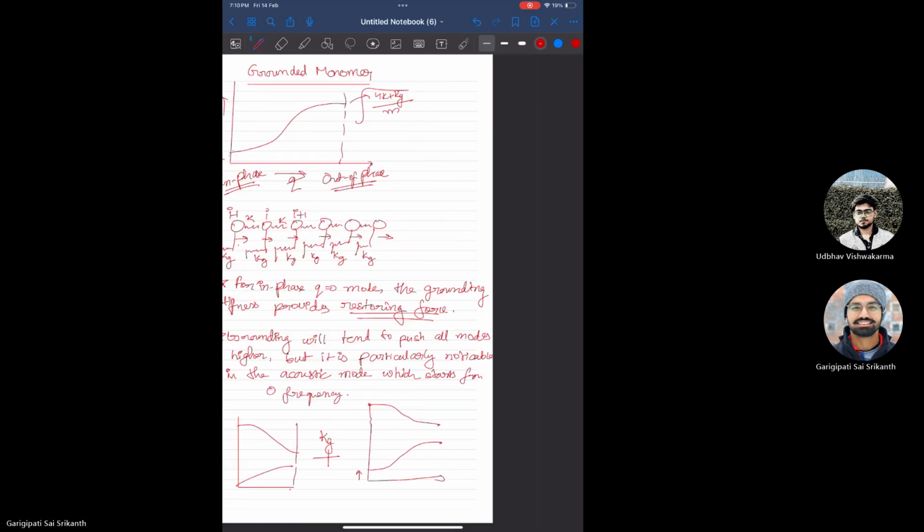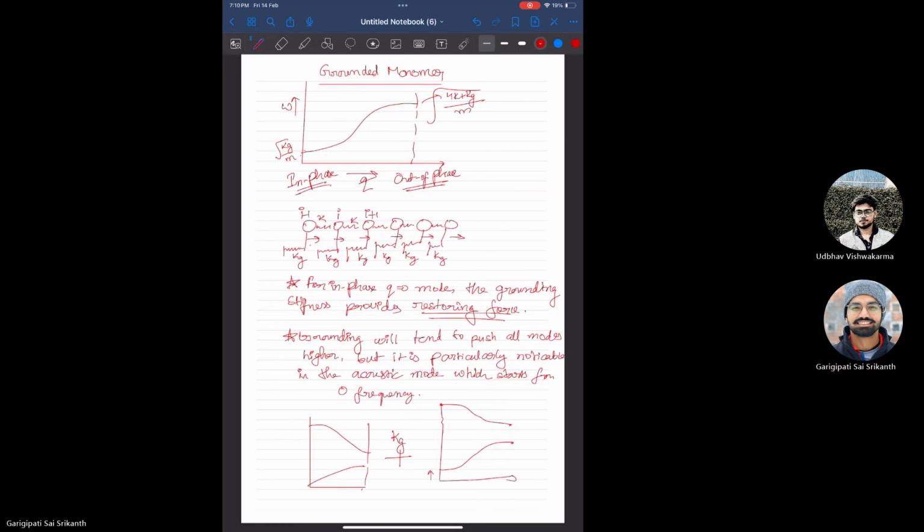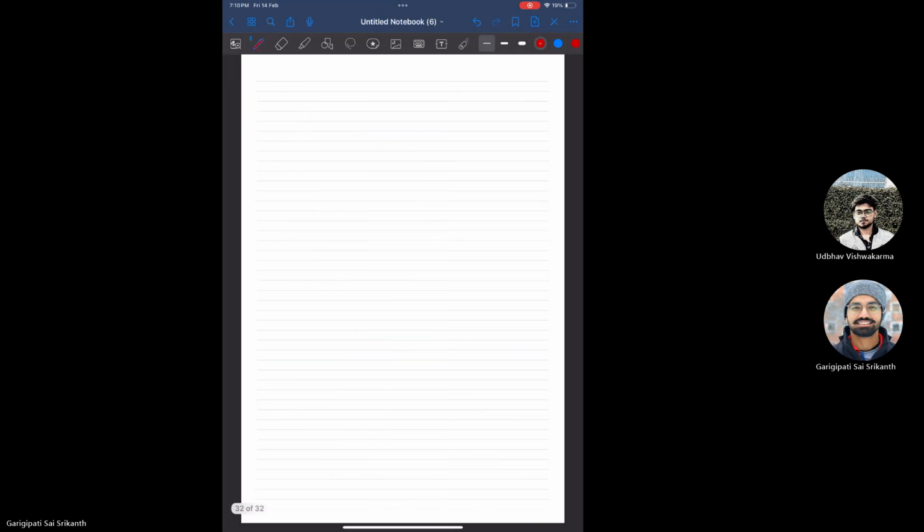So we can maybe write it down. What is the type of band gap in grounding?